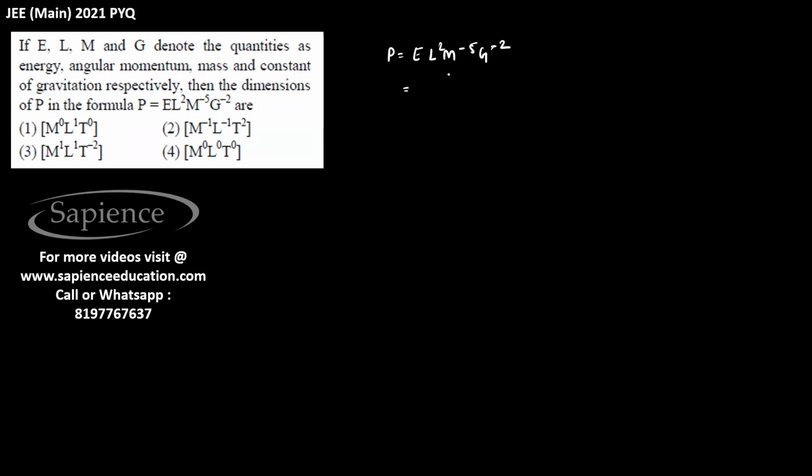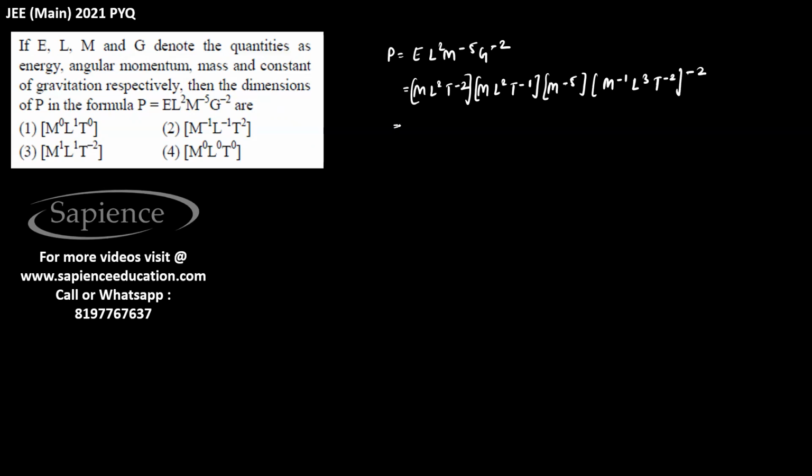So let's take the dimension of energy as M L^2 T^-2. Angular momentum dimension is m v r, so m, velocity is L T^-1 and r is again L, so M L^2 T^-1. Again it's divided by m to the power minus 5, and the gravitational constant dimension is M^-1 L^3 T^-2, to the power minus 2.